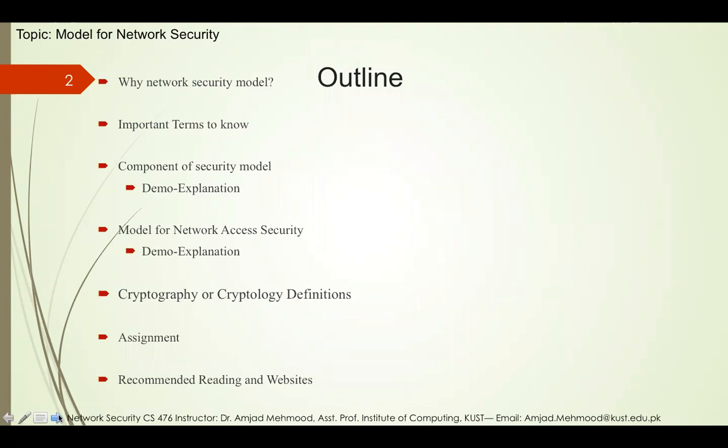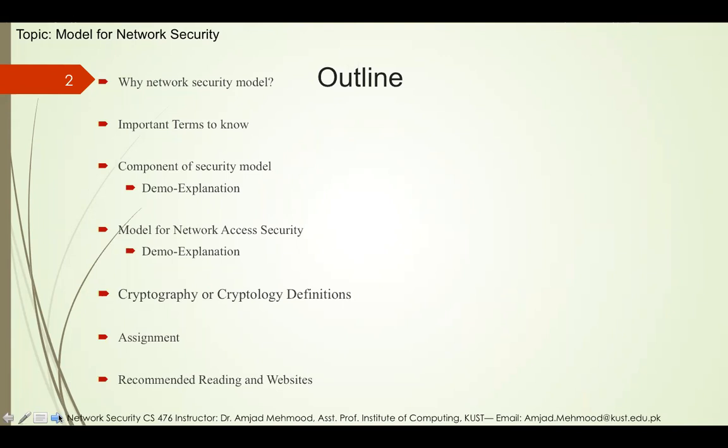This is our outline. It contains why a network security model is required, and important terms which you need to know before understanding this model. Then I'll explain components of the security model with the help of demonstration. Model for network access security, and I'll explain with the demonstration also.